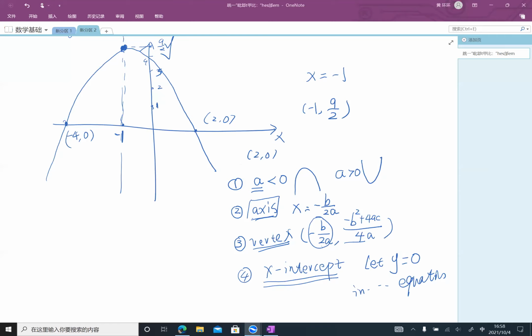Could you please share your screen? Can you see my screen? Yes, we see your screen, but just the mathematical stuff.